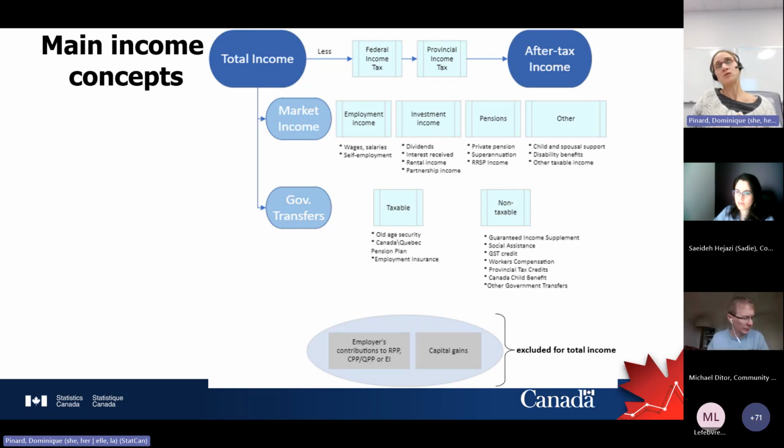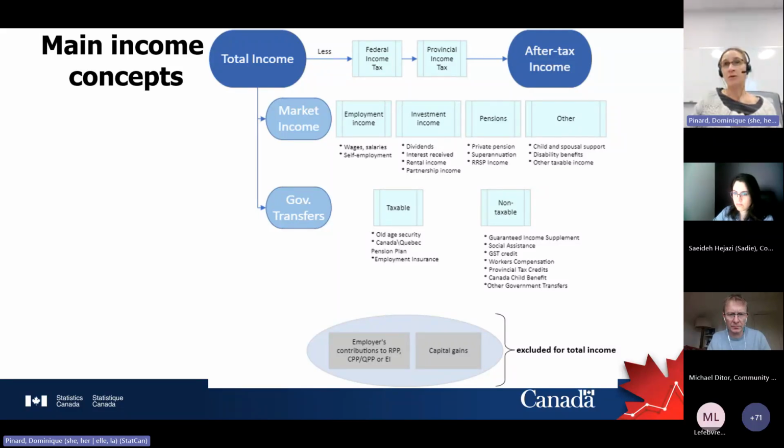There's a couple of additional items in the tax world that are very relevant when we look at income data, and that's capital gains and employer contributions, but they are not included in total income, and they would have to be part of a different request. On the TIF, we do have one table that contains employment insurance contribution.